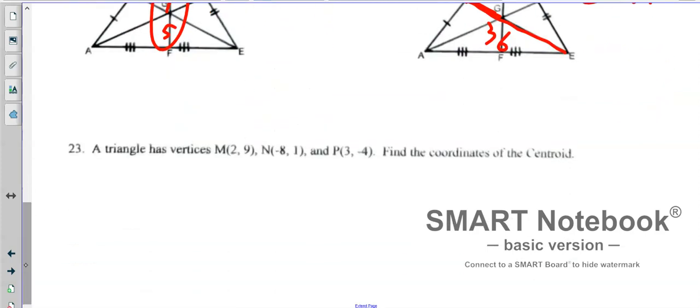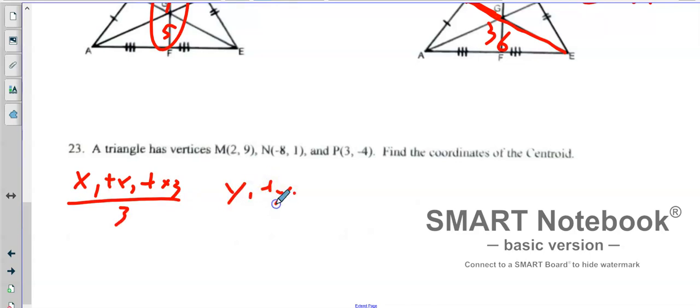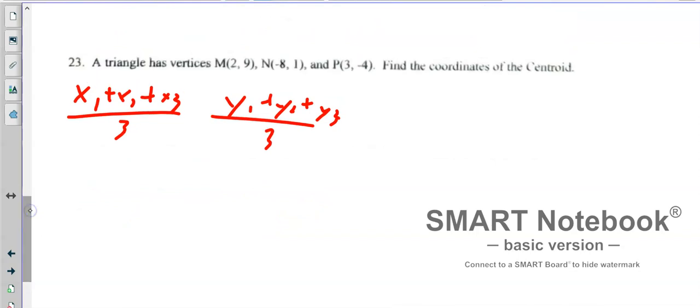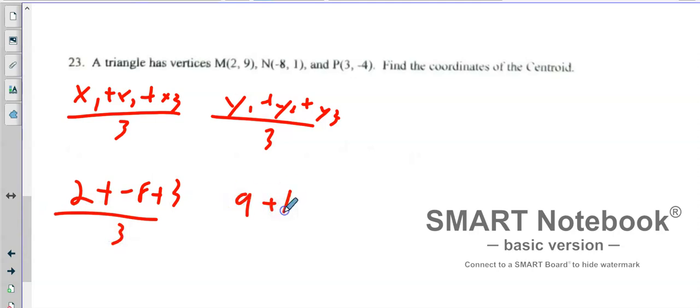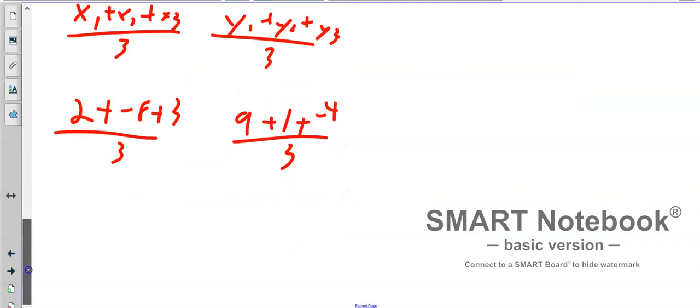And last but not least, the centroid is really easy. It's just x1 plus x2 plus x3 divided by 3, and y1 plus y2 plus y3 divided by 3. So let's do that. 2 plus negative 8 plus 3 divided by 3. 9 plus 1 plus negative 4 divided by 3.